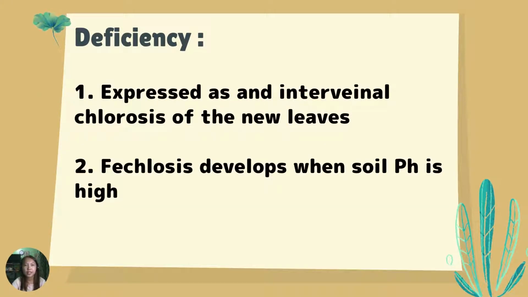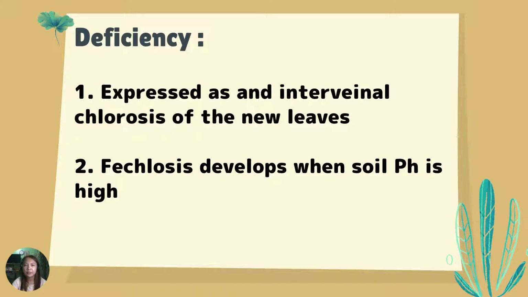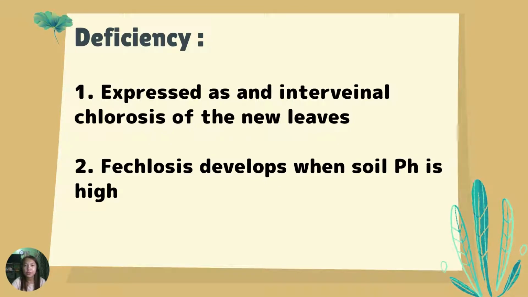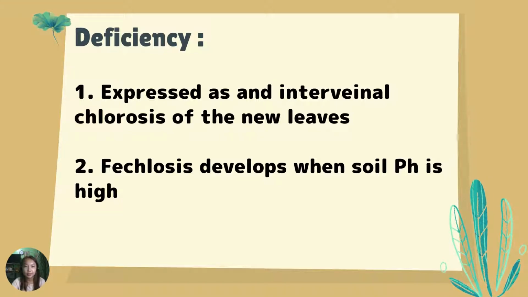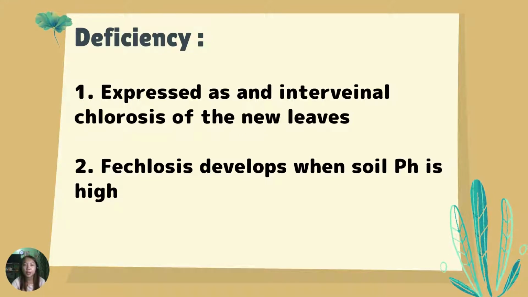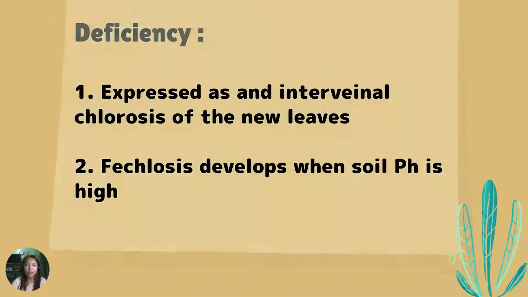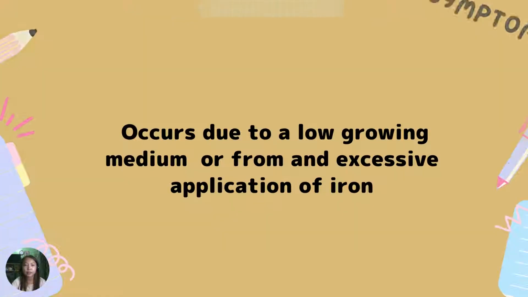Okay, so the deficiency is expressed as interveinal chlorosis of new leaves. Chlorosis develops when soil pH is high. Okay, so if the growing medium is too basic, there will be a problem within the plant itself. The symptoms to observe occur due to a high pH growing medium or from an excessive application of iron.